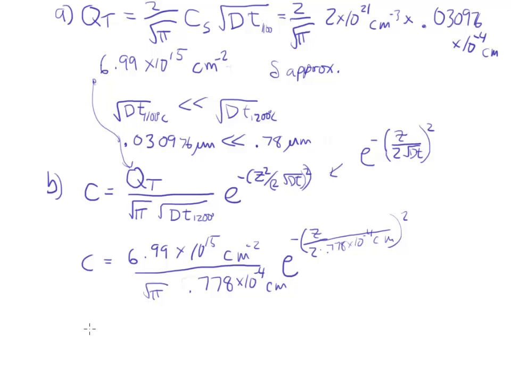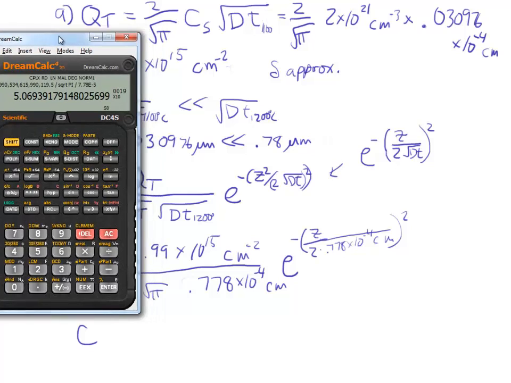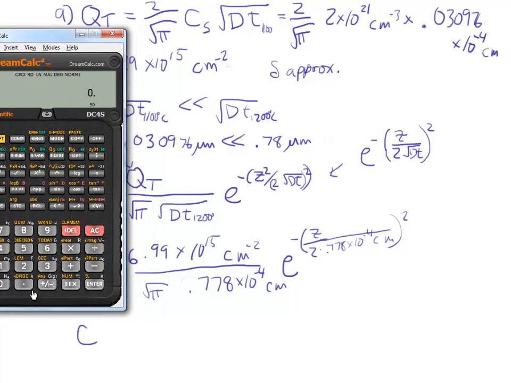Okay, so simplifying this, feeding it through the calculator, let's see what we get. I have 6.99 e to the 15th divided by the square root of pi divided by 0.778 e to the minus 4, and that part is equal to 5.069 times 10 to the 19th power.